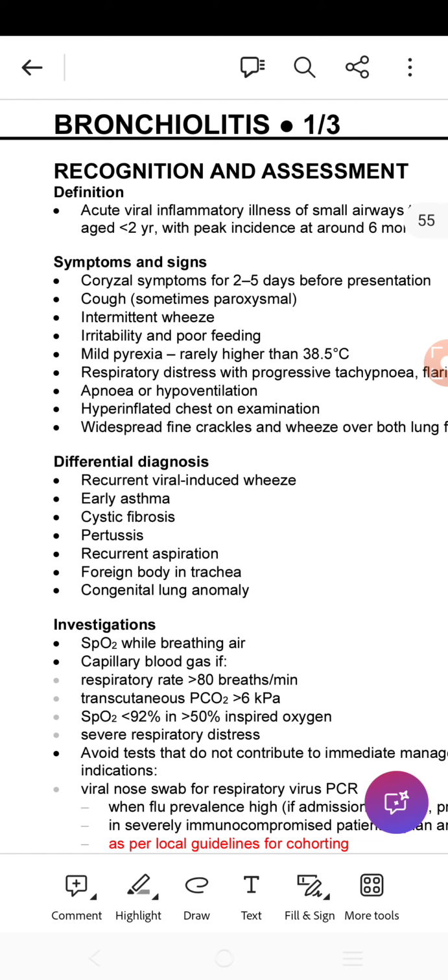What investigations can you do? The most important investigation is oxygen saturation. The others are, if you suspect a bacterial infection, then you will go for a full blood count, inflammatory markers like ESR and CRP, and a blood culture.